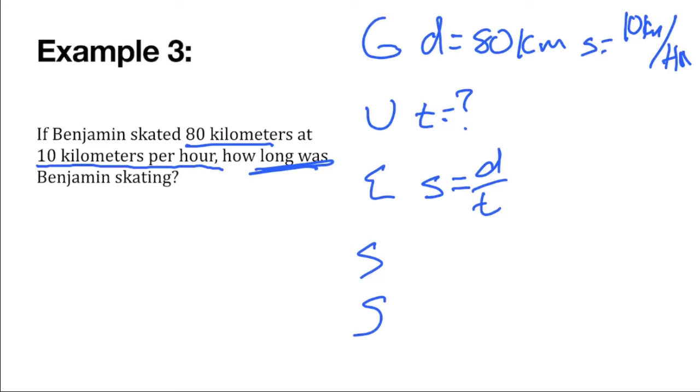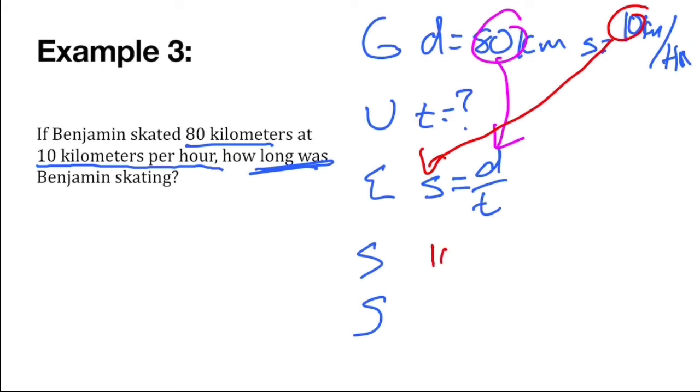So again, we're going to substitute our values in. This 80 is going to go on top. This is where it's different, though, because this 10 isn't going on bottom. It's going to come over here to where the S is. So this should be 10 kilometers per hour, and then this is going to equal 80 kilometers, and then the rest of this is just going to be divided by time. So this looks weird because we have something in the denominator. It's not that bad.